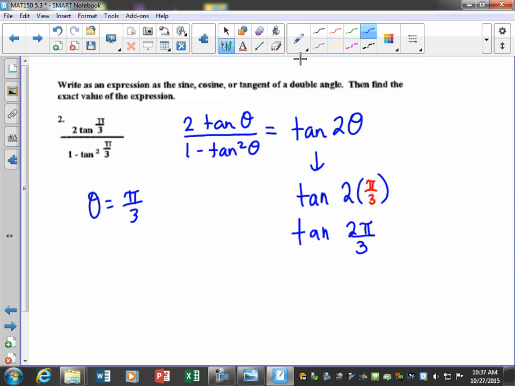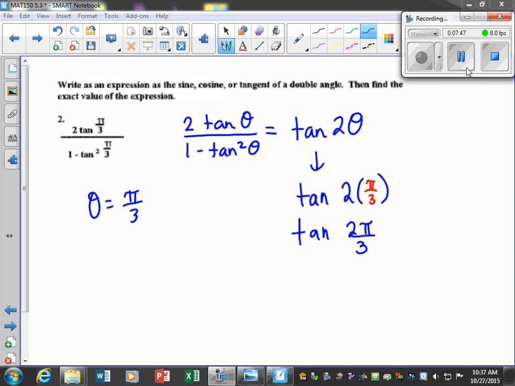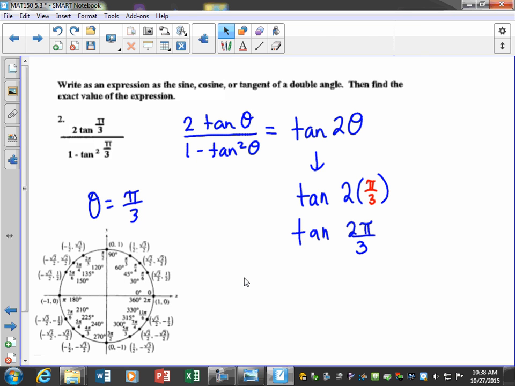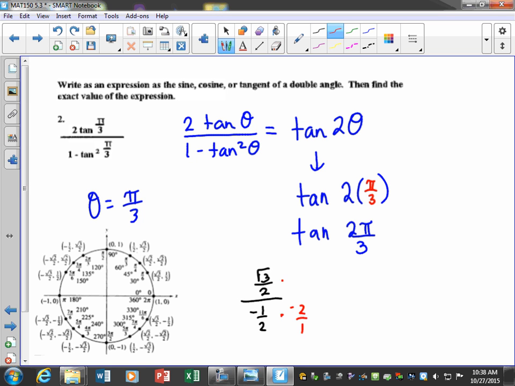Okay, so now go to your unit circle. 2 pi over 3 is up here, so your tangent is your y value over your x value, so that's going to be square root of 3 over 2 divided by the y value, which is -1/2. So we want to simplify this, so let's multiply by the reciprocal. -2 over 1 times -2 over 1.